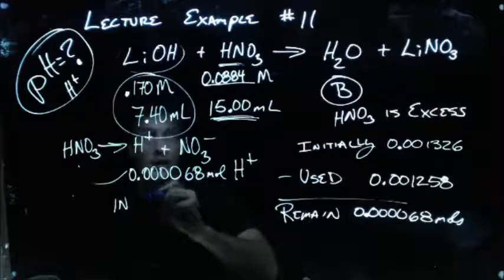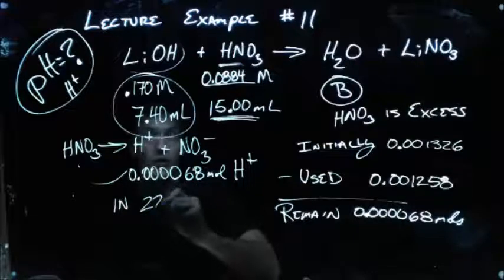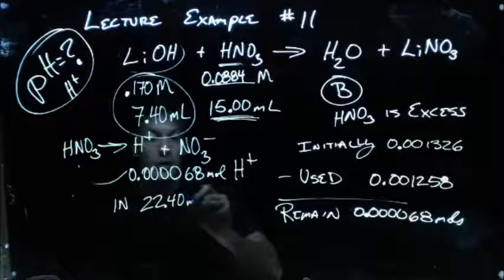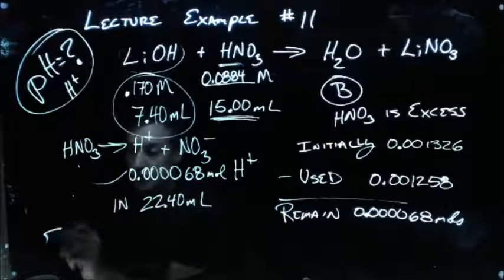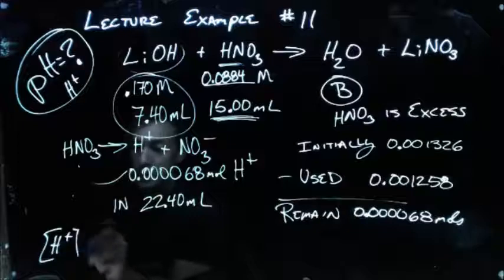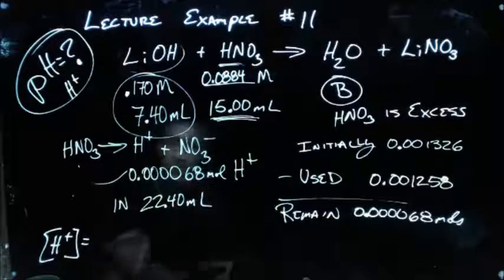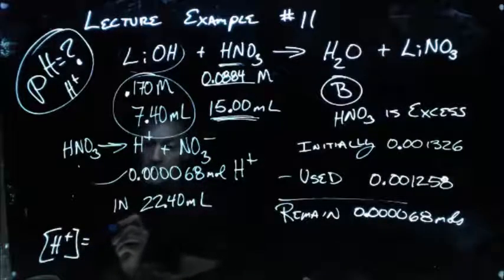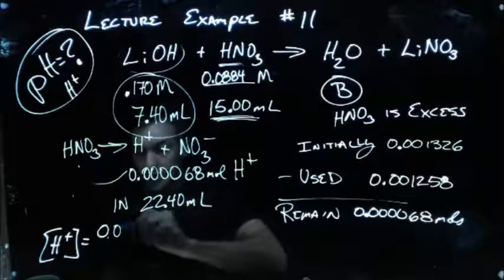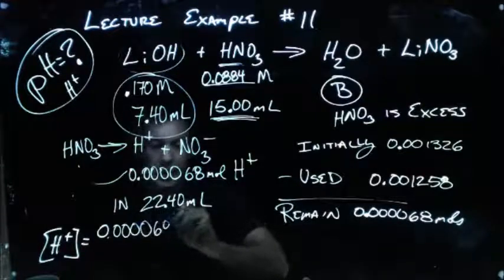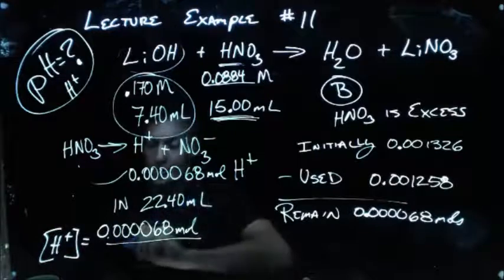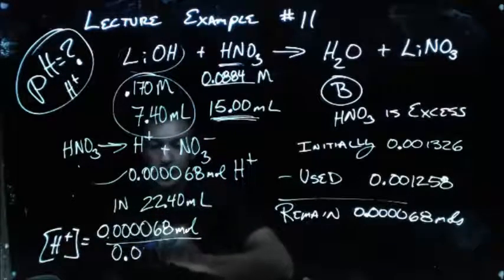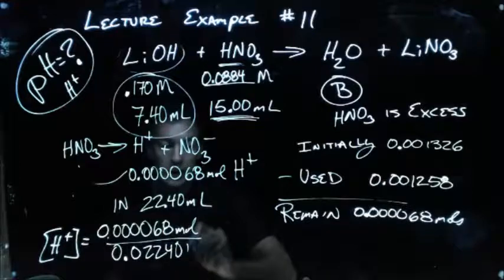So that's going to be 22.40 milliliters. And so now I can find my H+ concentration. H+ concentration is going to equal 0.00068 moles divided by, now that needs to be liters, so it's going to be 0.0224 liters.